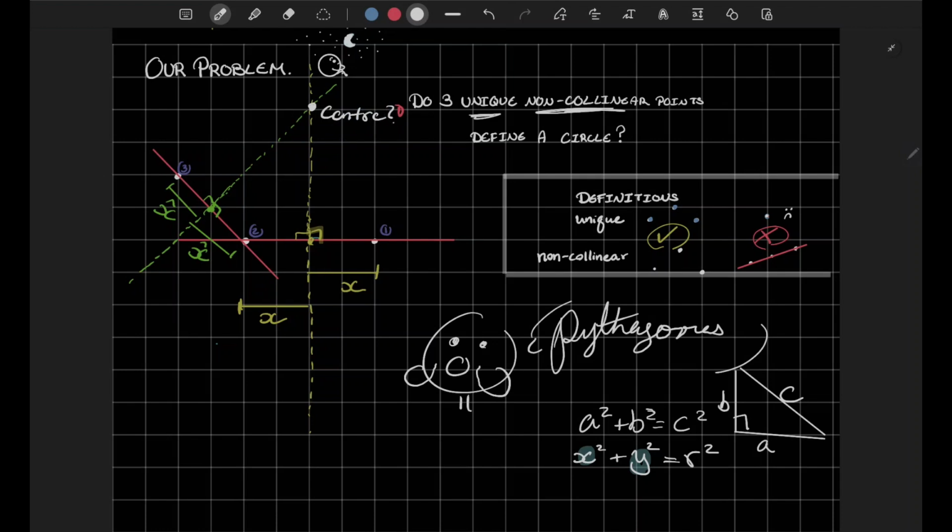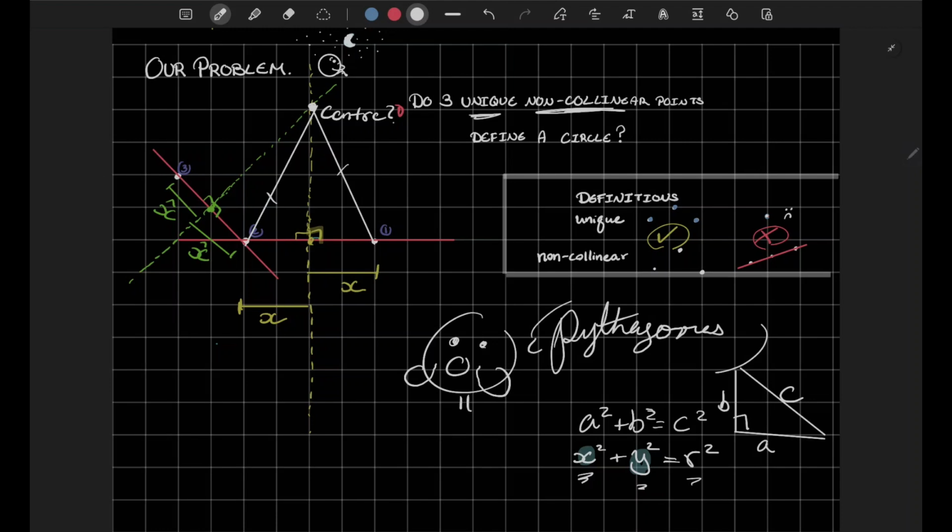Let's look at what the radii are, and if they're the same. So we're going to look from here. These two, we know they're the same because we have the same x distance, same y distance. So we have same x, same y, same r. So r is equal to this r, good.